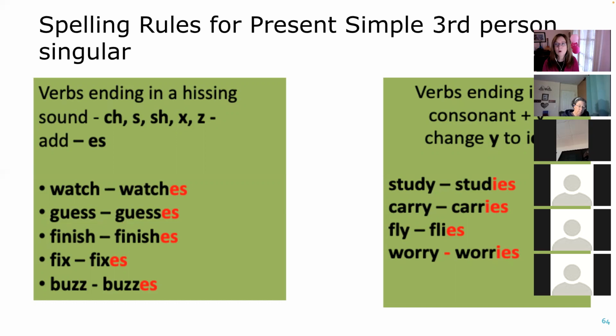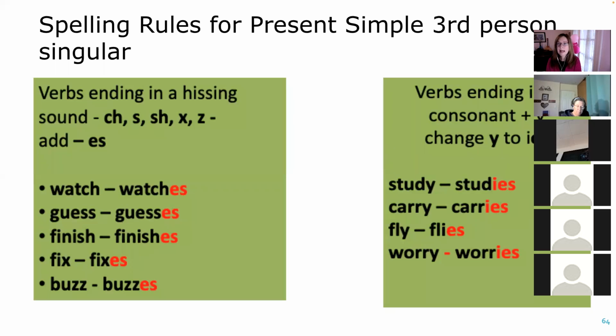We change it to watches. So it gets an extra syllable and it's spelled with es. The reason is because the word watch already sounds like it has an S at the end, so to make it different in the third person, it's got to have that extra syllable with the es. The same thing: guess, guesses; finish, finishes; fix, fixes; buzz, buzzes.